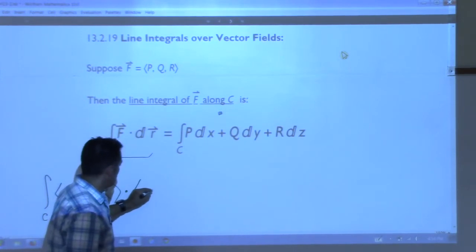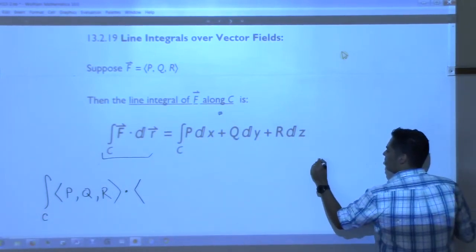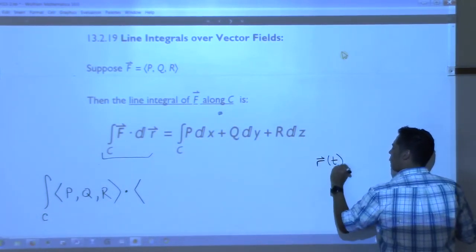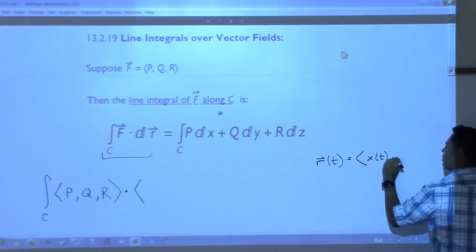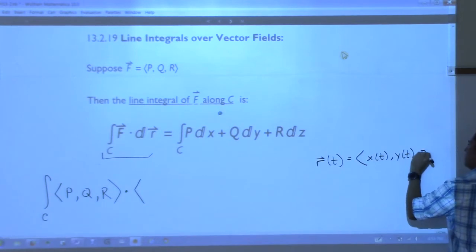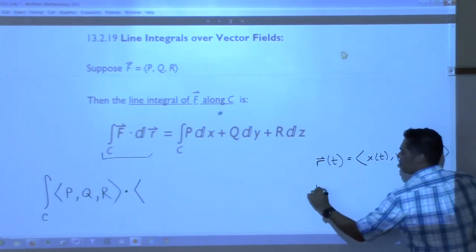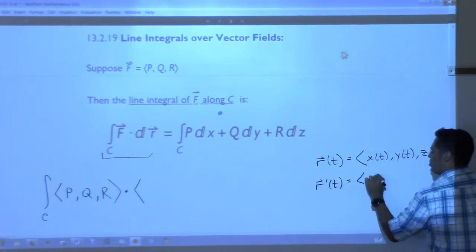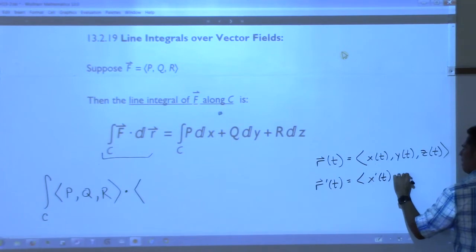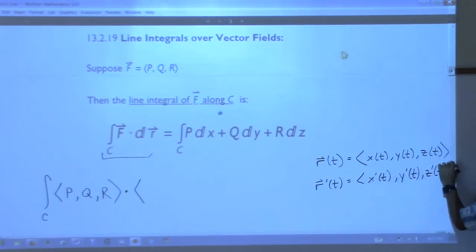So r prime of t, let's remember what this is. r prime of t is the derivative. Let me write down what r of t is: some curve, I'll call it x of t, y of t, z of t. Then the derivative of this would be x prime t, y prime t, z prime t.